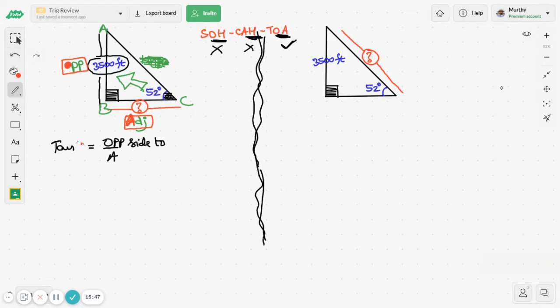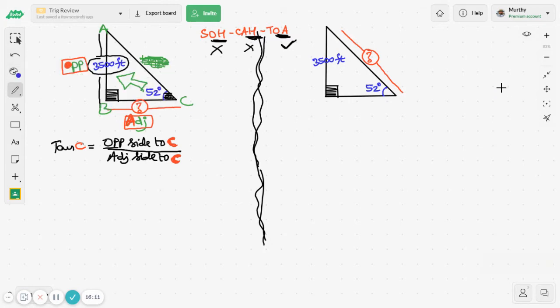That is tan C equals opposite side to C over adjacent side to C. Again, I am repeating, you must take care of which letter or angle is mentioned, and mention that in your formula. So you will never make a mistake.